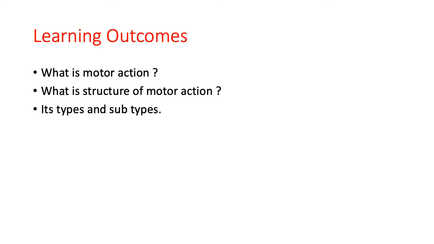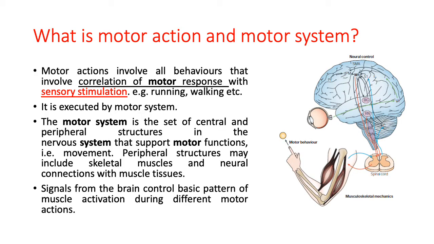Okay, so starting with the first slide of the lesson: what is motor action and motor system? Just concentrate on the figure. The figure speaks for itself. You can see that we have the brain here, this is your spinal cord, and muscles you can see, and some motor behavior or some action is going on.